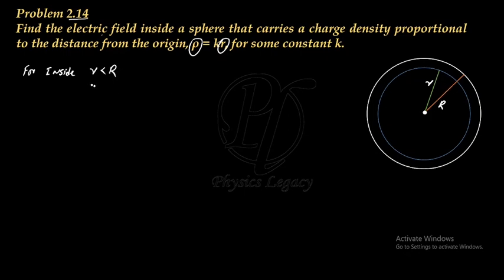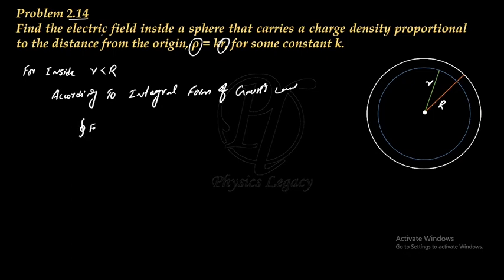So to find the E field, we use the integral form of Gauss's law. According to the integral form of Gauss's law, closed integral E dot dA is equal to Q enclosed over epsilon naught.